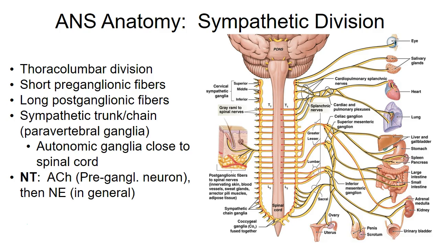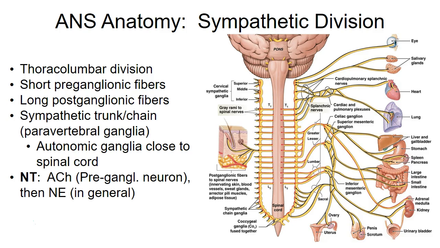One of the other differences is that here the preganglionic neurons are relatively short, which means that the ganglia for the sympathetic division are right next to the spinal cord in the thoracic and lumbar regions. If the preganglionic neurons are really short, it means that the ganglia are close to the spinal cord.